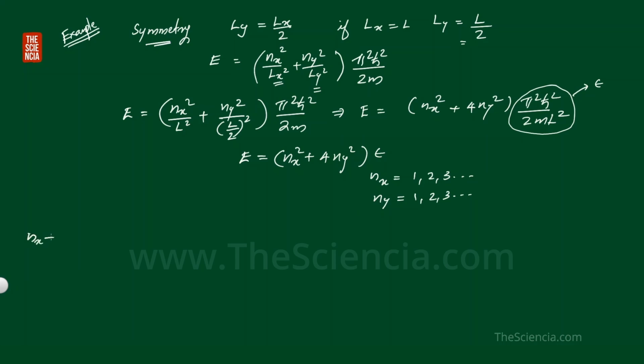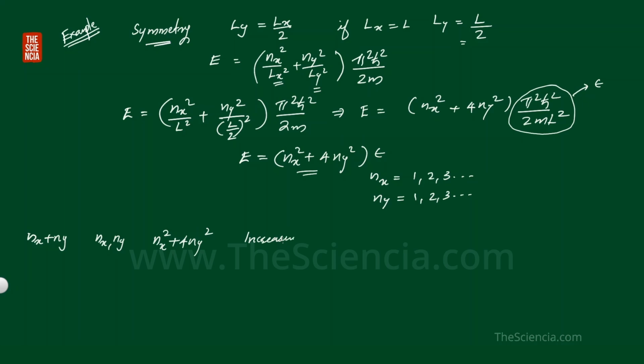That is why I am taking nx plus ny, and I am taking this combination nx, ny to represent the corresponding wave function. I am writing this energy expression, nx square plus 4ny square.